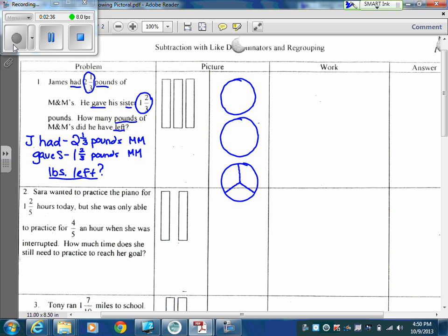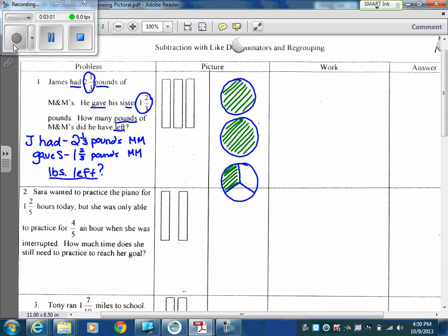So we have 1/3 that he still has, so he probably ate the other pieces. He also has here 2 wholes, so these are complete pizzas still. Nobody's eaten anything on these yet. So we've got 2 1/3.